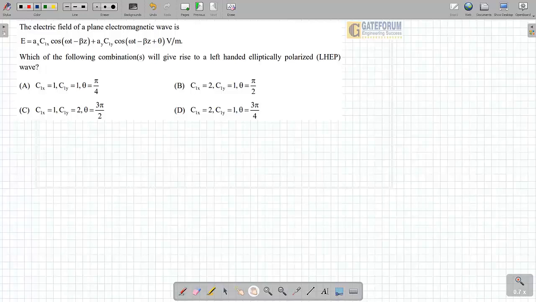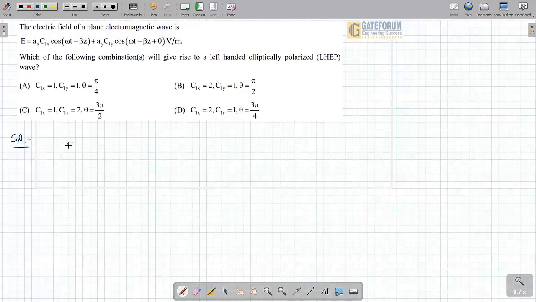Okay. So let's see one by one. Each of the cases, we have to check all the four options. It is not about determining the one right option, but we have to check all the four options. For determining the polarization, we can put z equal to 0.